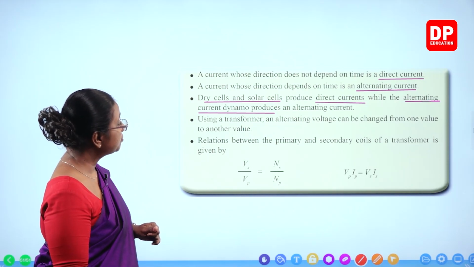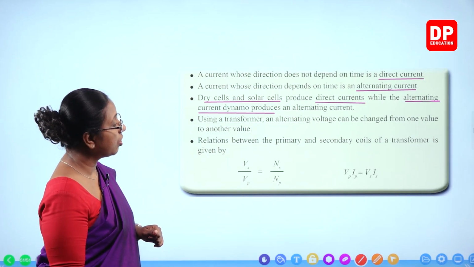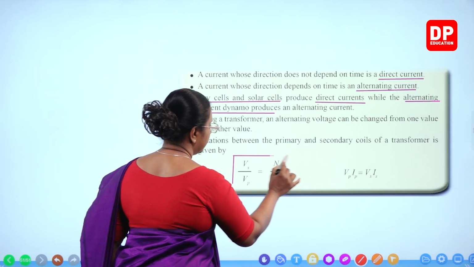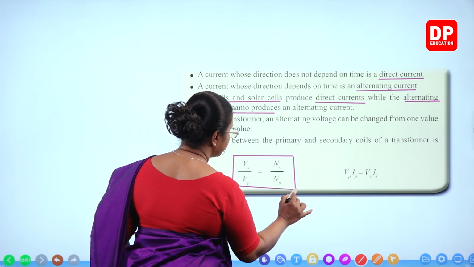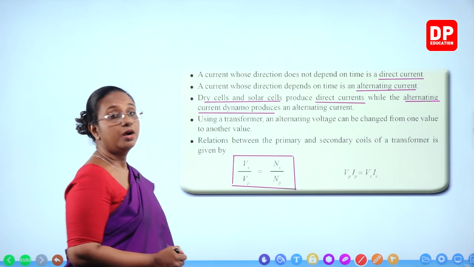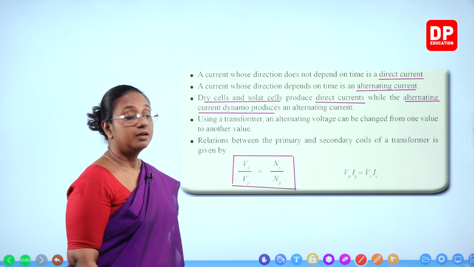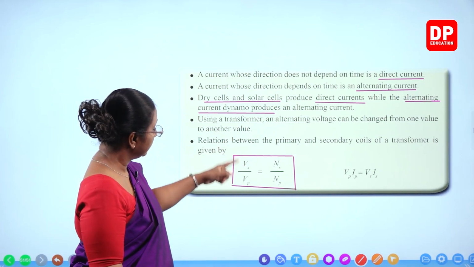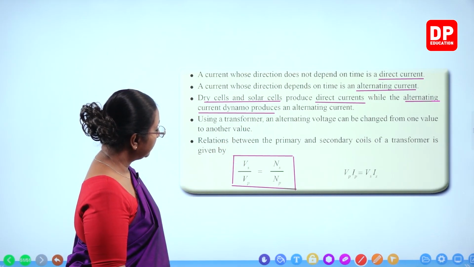And the relation between the primary and secondary coils of a transformer is given by this. Here you can see this is one relationship that is used to determine the potential difference of the secondary coil. So here it is given in the other way.